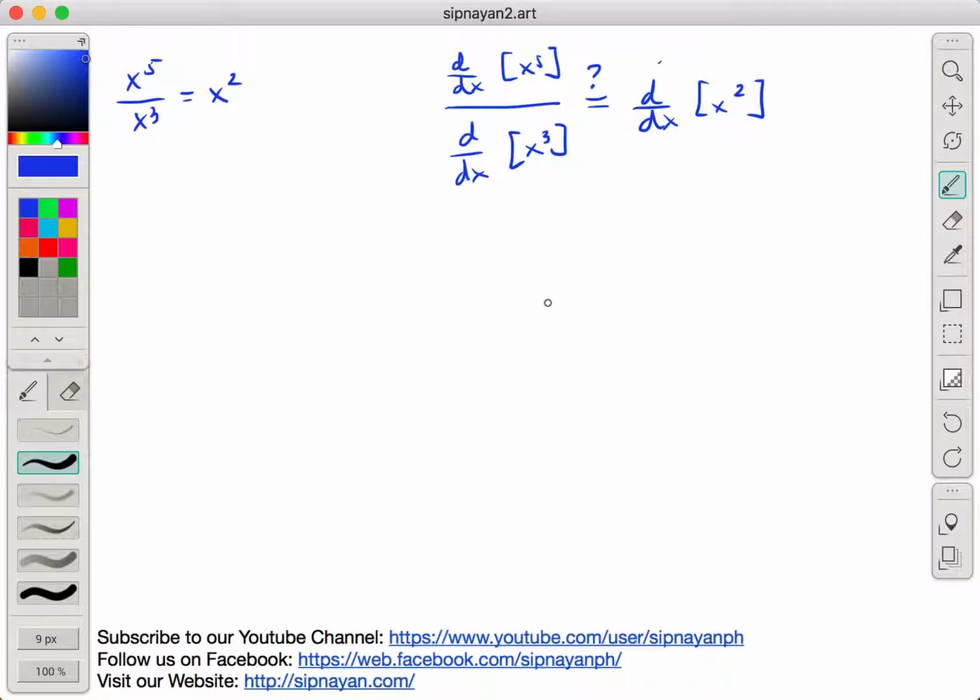Now, alam natin that the derivative of x to the fifth is by the power rule, no? Ibababa natin yung 5, and then x, tapos babawasan natin yung 5 ng 1, magiging 4. That's the power rule. Tapos ang derivative ng x cubed, bababa natin yung 3, and then we subtract 1 from the power of x, no?